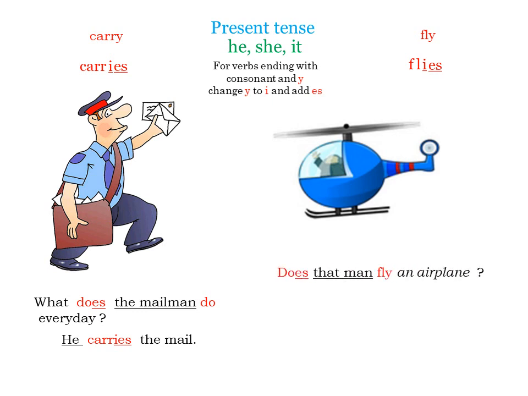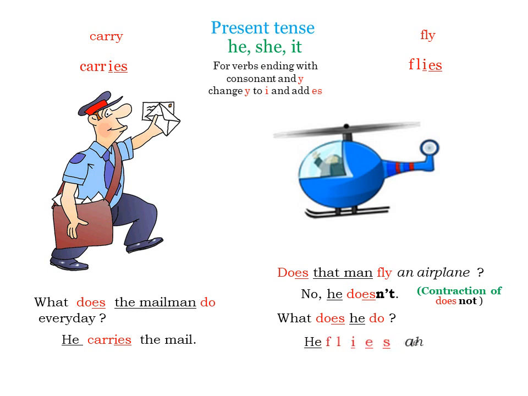Does that man fly an airplane? No, he doesn't. Doesn't is the contraction of does not. No, he doesn't. What does he do? He flies a helicopter.